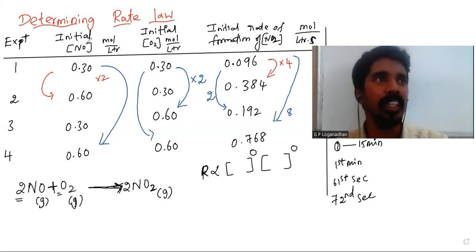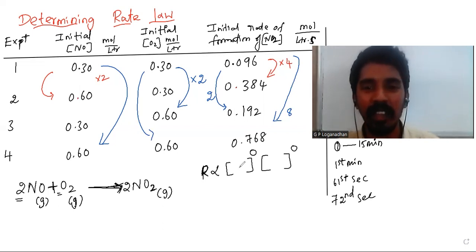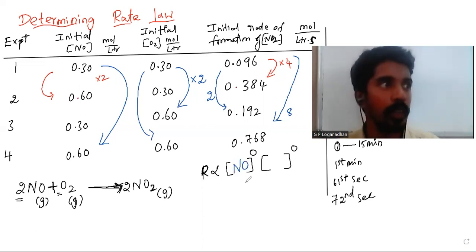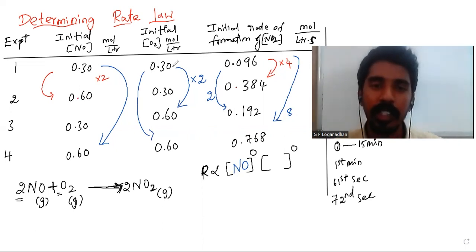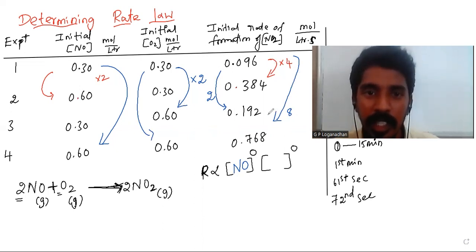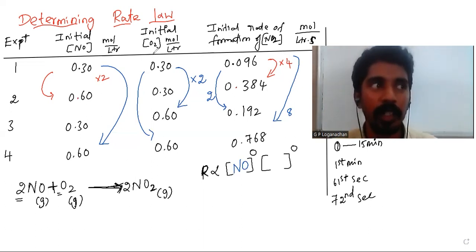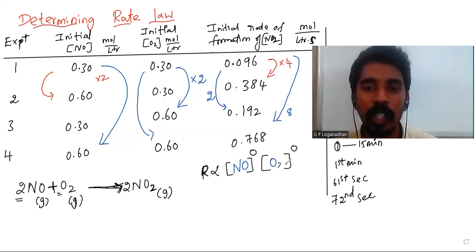So the rate depends on the concentration of NO, and in the rate law you will write the concentration of NO. Now, when you change the concentration of O2 by 2 times, the rate of the reaction changes by 2 times. It means that it depends on the concentration of O2. So you should take the concentration of O2 also in the rate law.